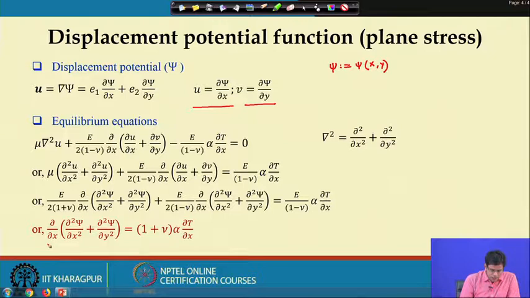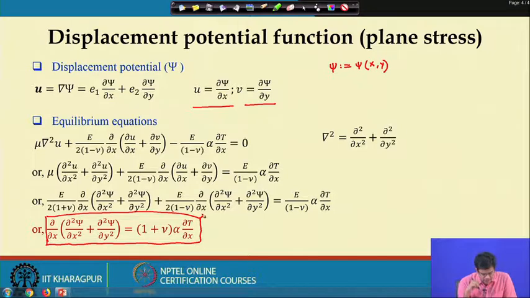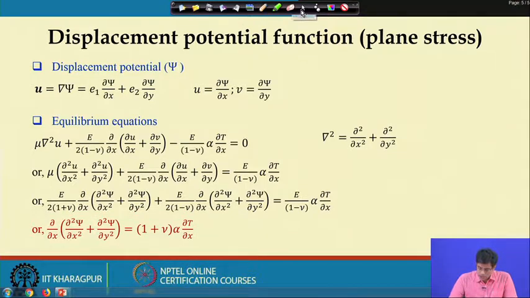This is the first differential equation, for u, of this form. Similarly we will do the second differential equation, and combining these two we can integrate and form a single differential equation, as compared to the previous case.